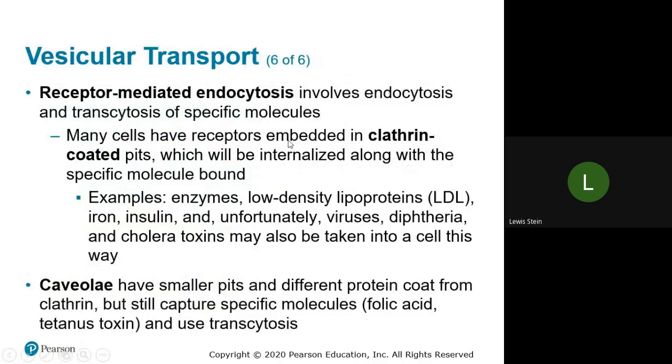Receptor-mediated endocytosis is more specific. These are clathrin-coated pits. This is the example of the LDLs, which are really the problematic lipoproteins that, if they're not brought in and worked on and metabolized appropriately, cause greater amounts of problems. That's the whole basis for what was published in 1980, where you fractionate those.